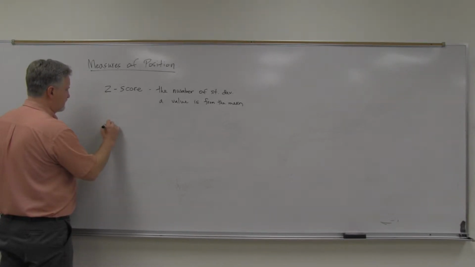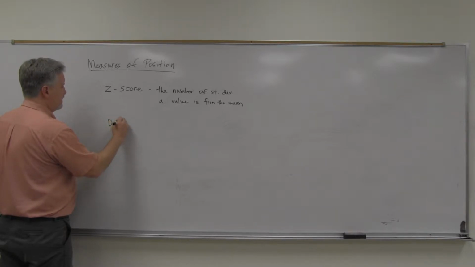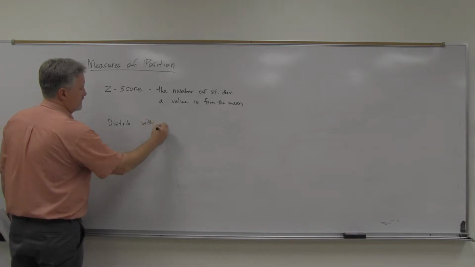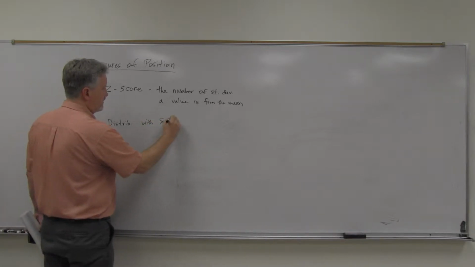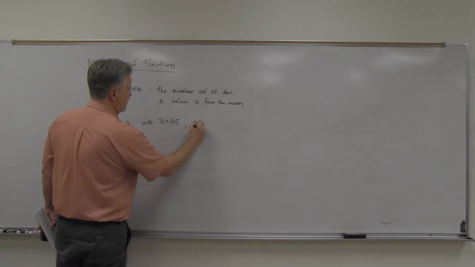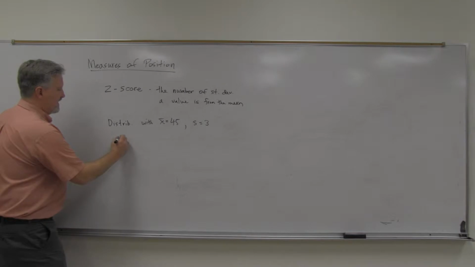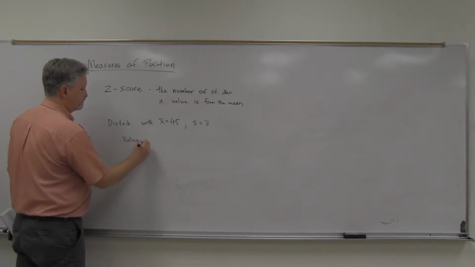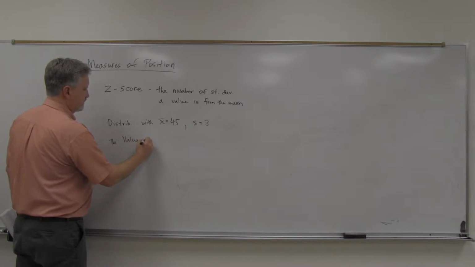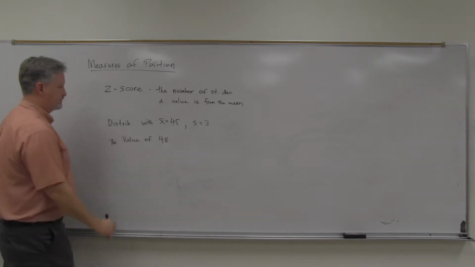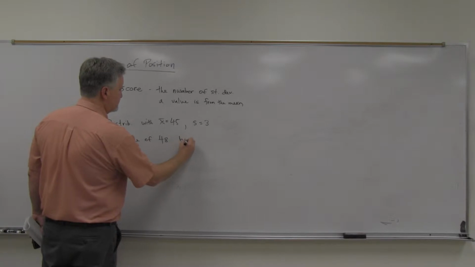So let's say we've got a distribution that has a mean, let's say 45, and then standard deviation is 3. So if our value from the distribution is 48, that has a z-score of 1.